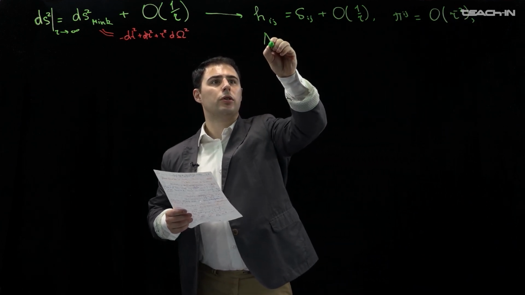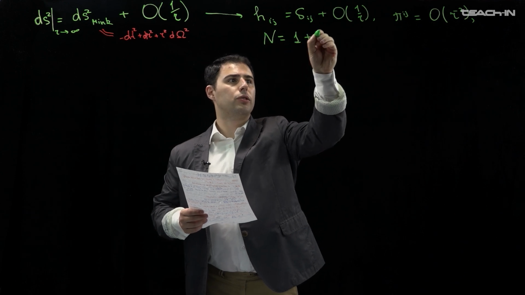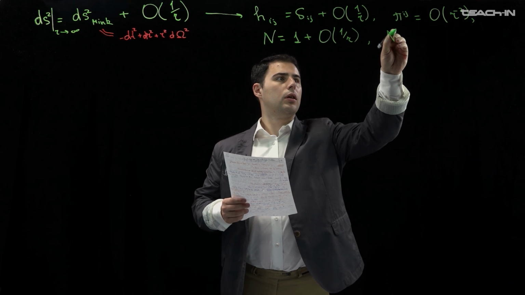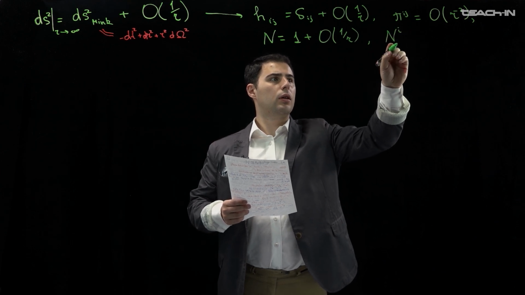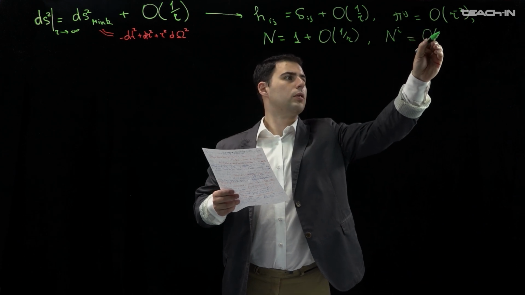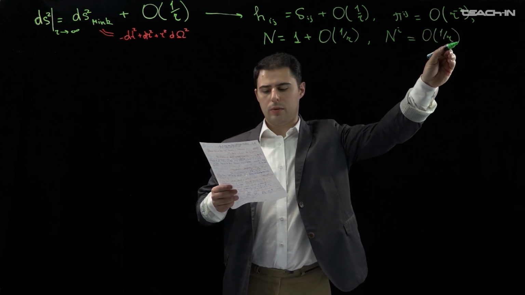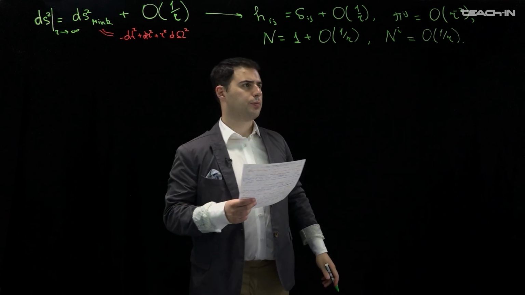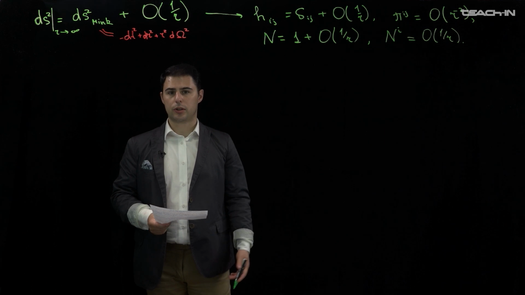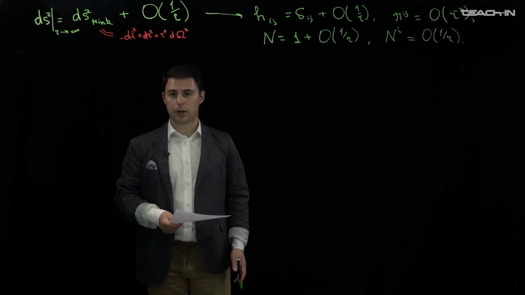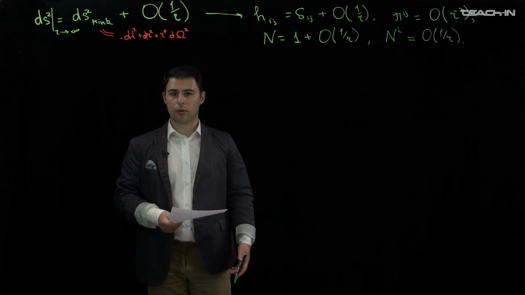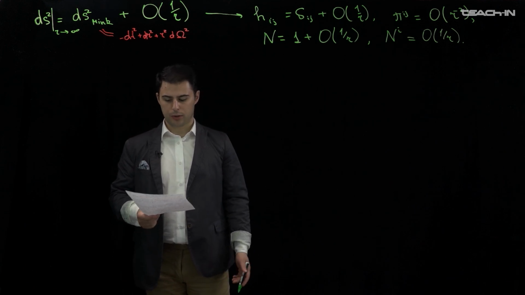The lapse function is 1 plus the correction. And the shift is O(1/r) as well. So the boundary terms are integrated at the spatial cross-section of the asymptotically flat end, that is a two-dimensional sphere at the infinity.